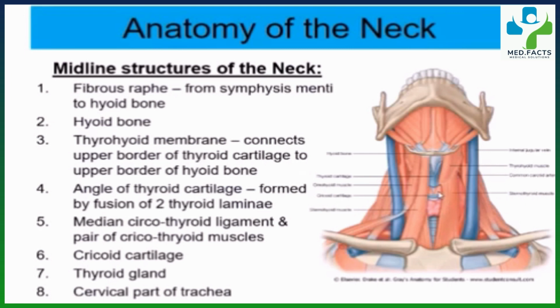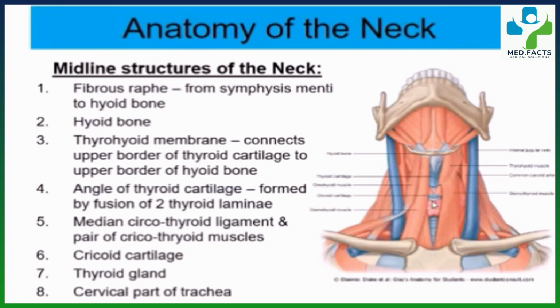And outside we also have a small muscle, called the cricothyroid muscle. So here is the cricothyroid membrane, which is thickened to form the cricothyroid ligament, and here on either side we have the cricothyroid muscle. Because it is between the cricoid cartilage and thyroid, that's why it is called the cricothyroid membrane, ligament, as well as muscle.